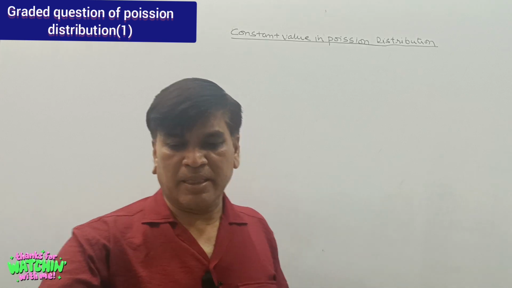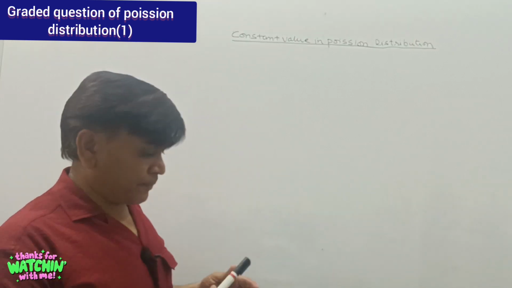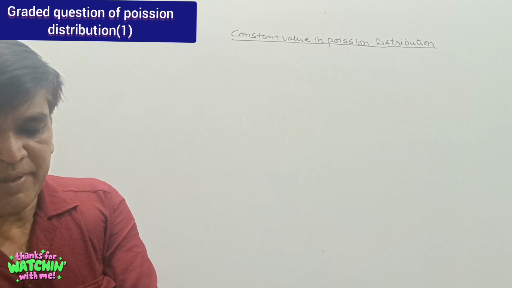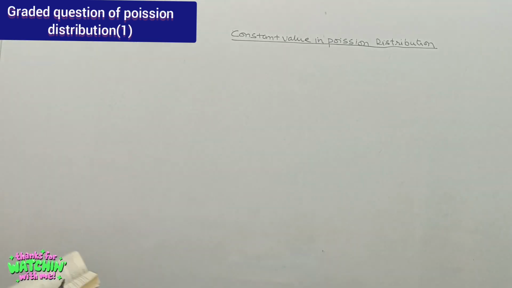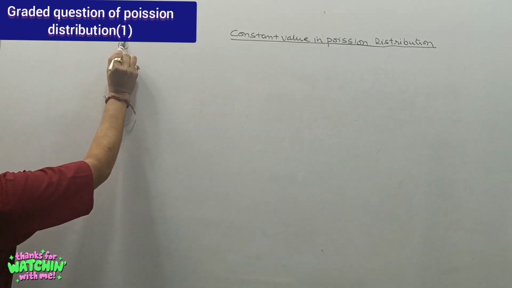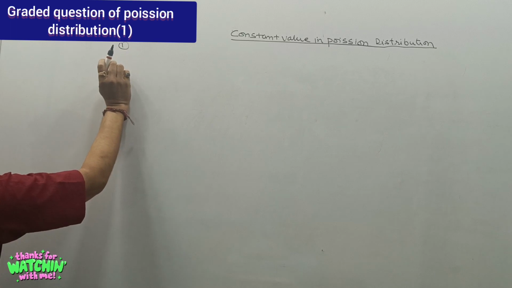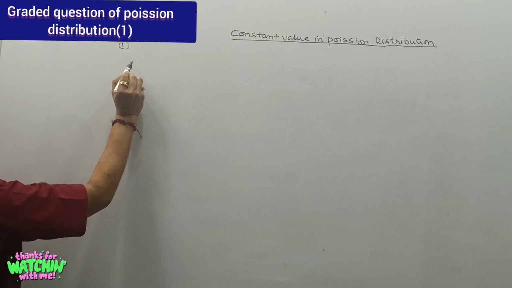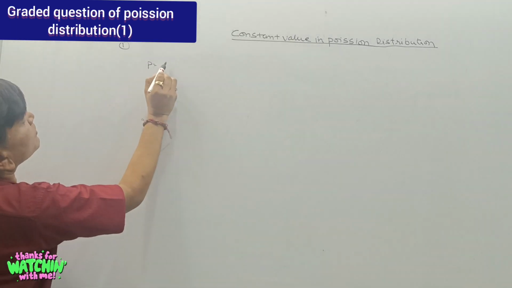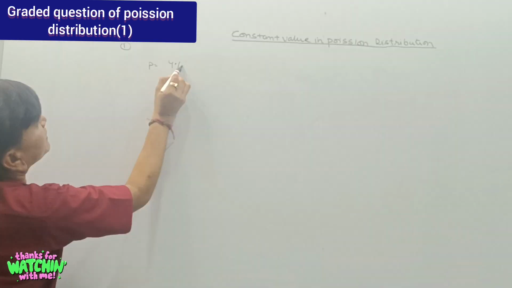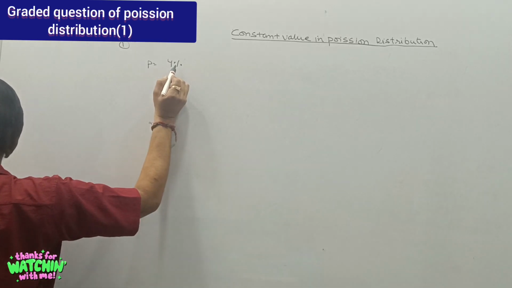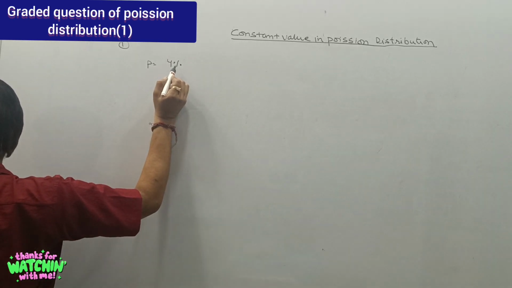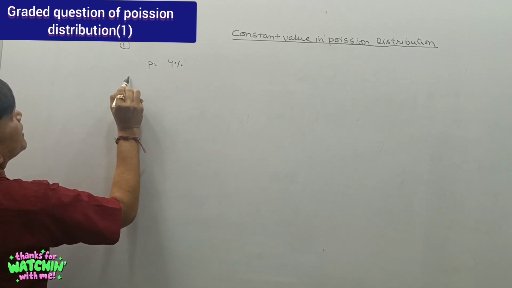First question is like this. In a universe the proportion of defective items is 4%. Probability of having a defective item is 4%. Find the probability of not more than 2 defective items in a sample of 10 items.